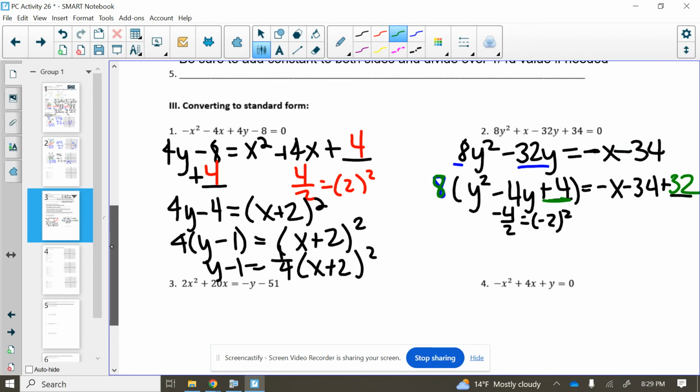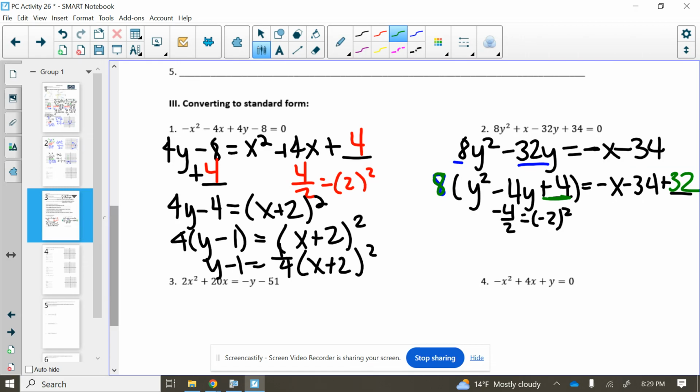So make sure you multiply that GCF by that value you're adding because really that space is accounting for 32. So on the left-hand side, when we factor, we would have 8 on the outside still, y minus 2 quantity squared. On the right-hand side, negative 34, but plus 32 is negative 2.